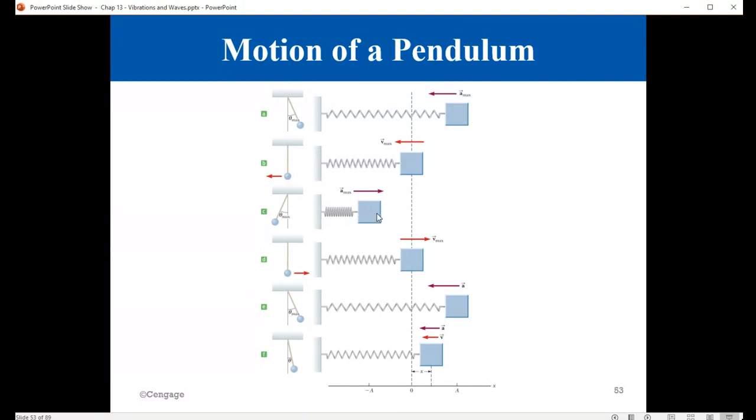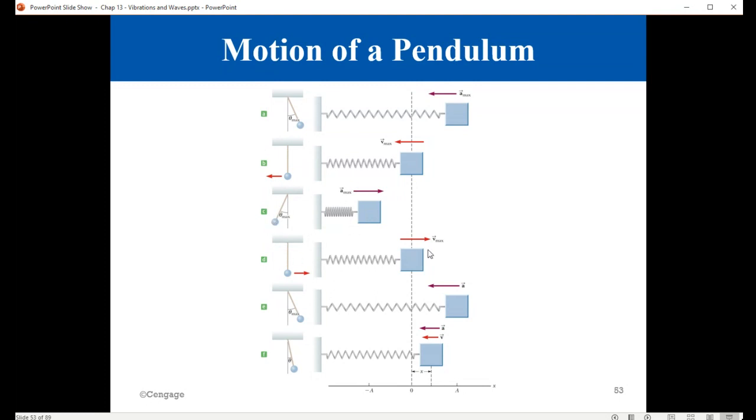Then when the spring is compressed maximum, similar to this situation, the displacement is maximum. The acceleration will be maximum, but the velocity is 0. Here, acceleration will be maximum, but the velocity is 0.